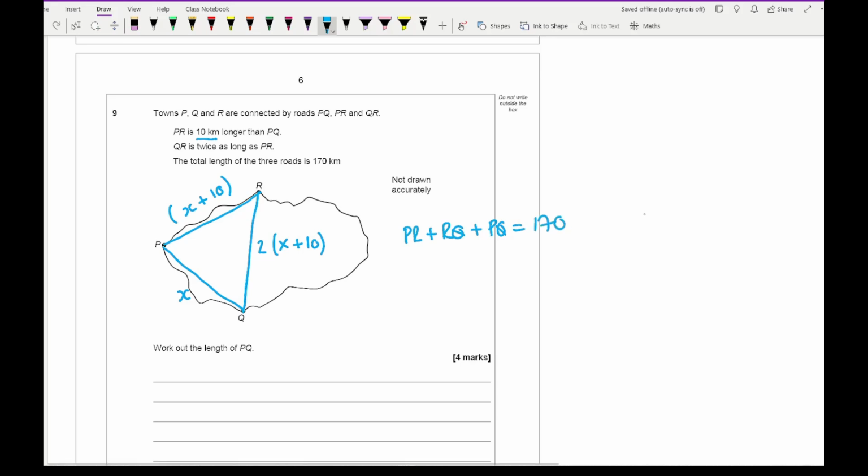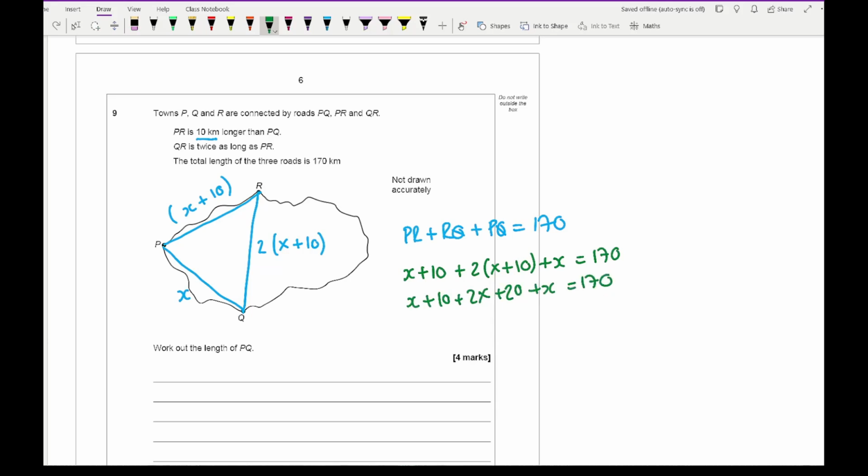So if I join these expressions up, here I've got PR, which is x plus 10, plus 2 lots of x plus 10, plus x, that all adds up to 170. Simplifying the left hand side, I get x plus 10 plus 2x plus 20 plus x equals 170.